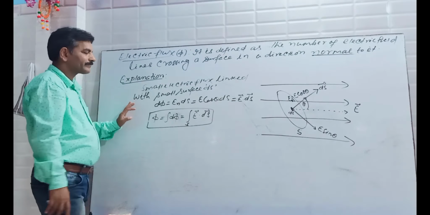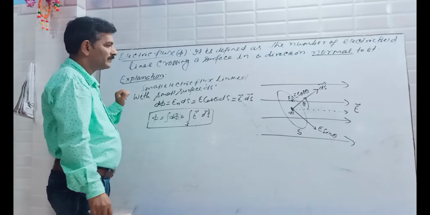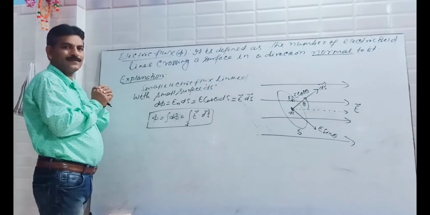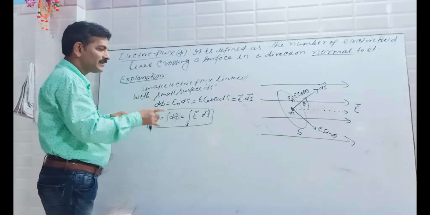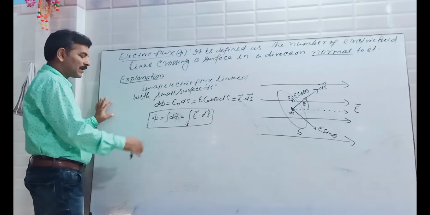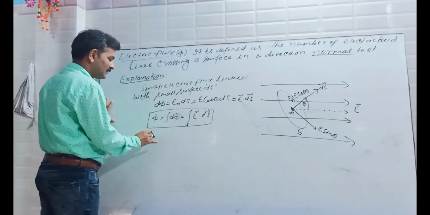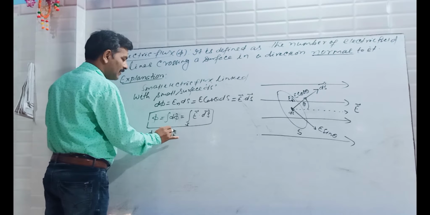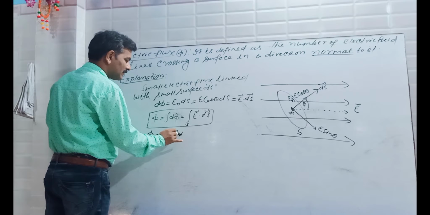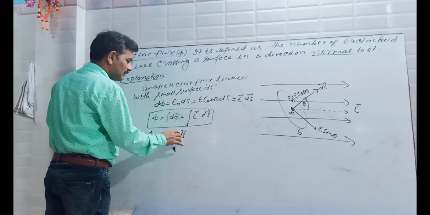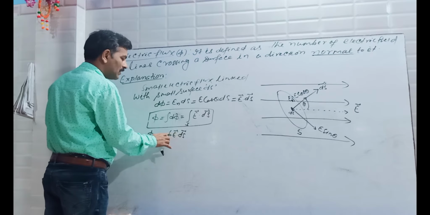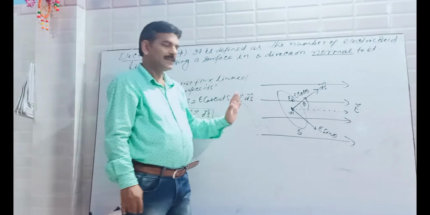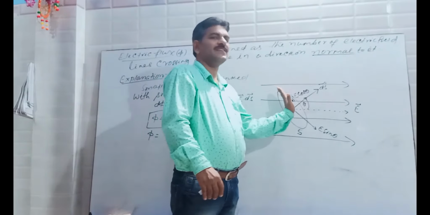Then if the surface is a closed one, what will the expression for electric flux be? You will take the closed integral of E dot ds. This is your closed integral. Closed surface means, you see, this is a palm, this is an open sheet.